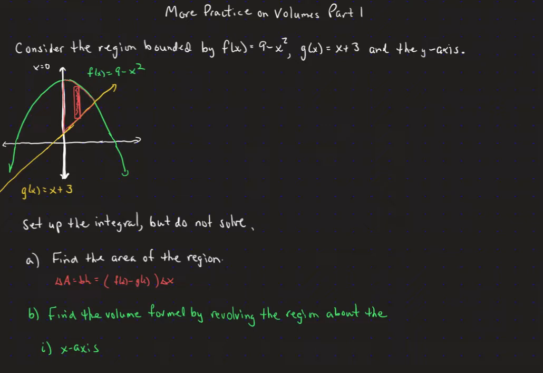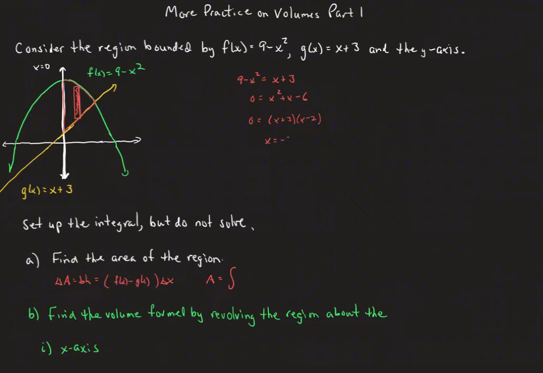And so to get our integral, the area is going to be that integral from, and we need to know where these two intersect. So we're going to take 9 minus x squared equal to x plus 3. I'm going to make it 0 on the left side so we can factor this with a positive x squared term. You can use your box and diamond, or if you know how to guess and check, that's going to be x plus 3, x minus 2.